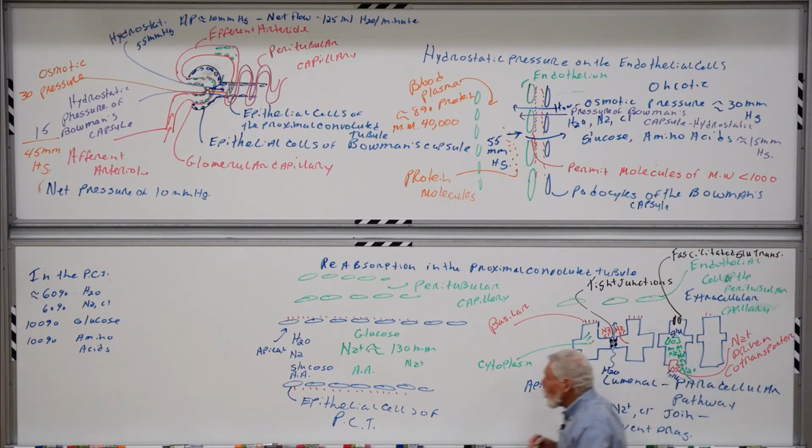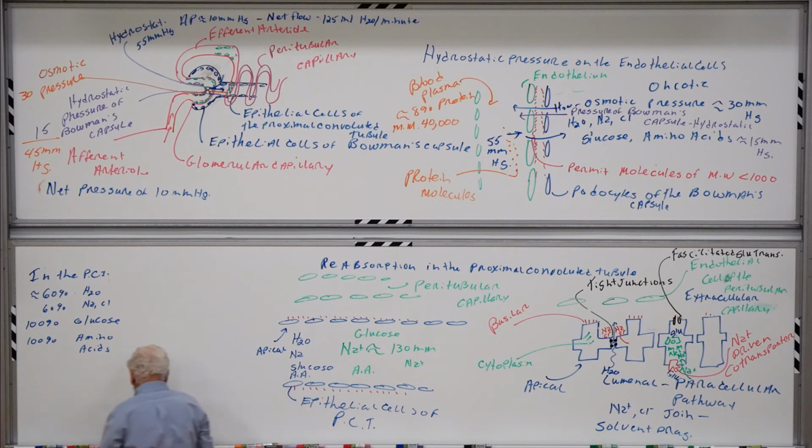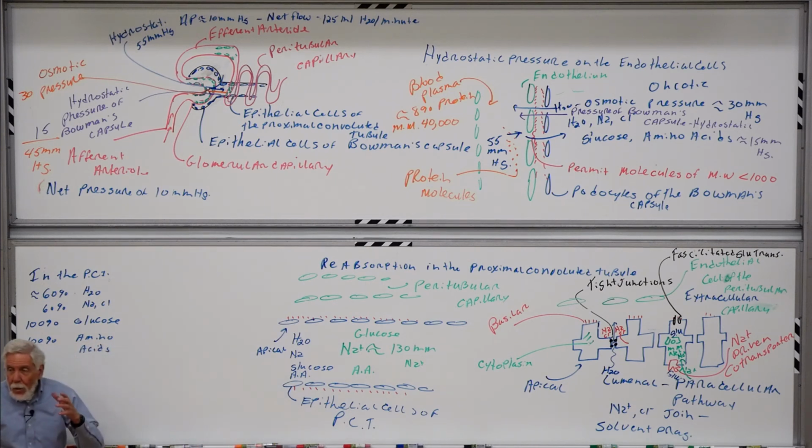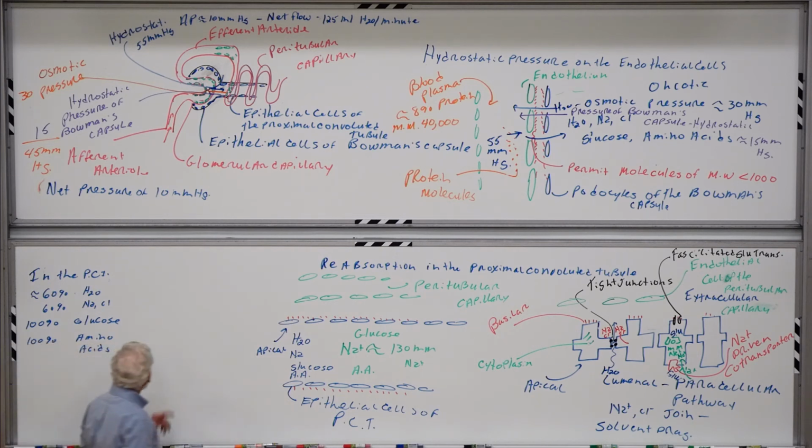Now, the facilitated glucose transporter is just a great big pore. It's selective for glucose, but it's large enough that it will allow glucose through. So let me redraw this here. So we have one of these cells.